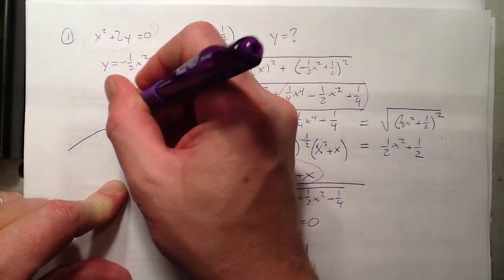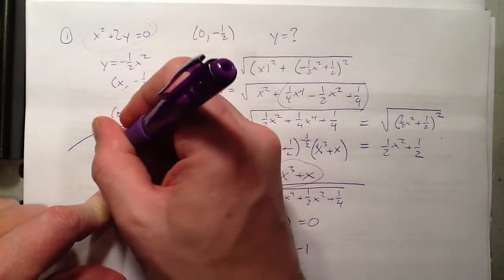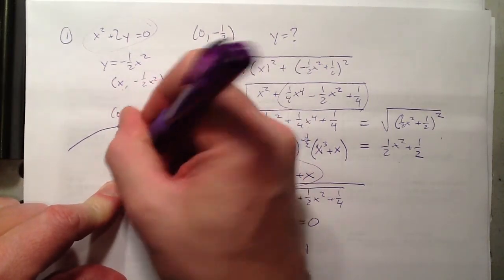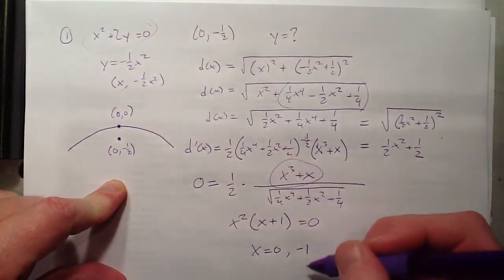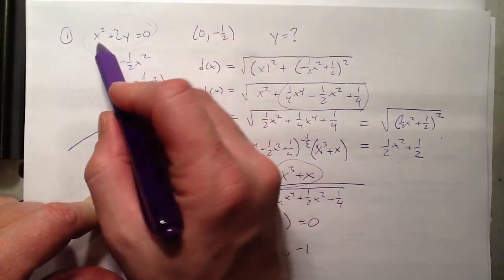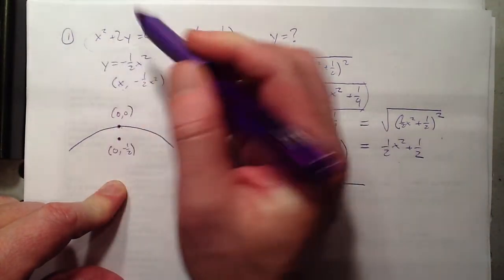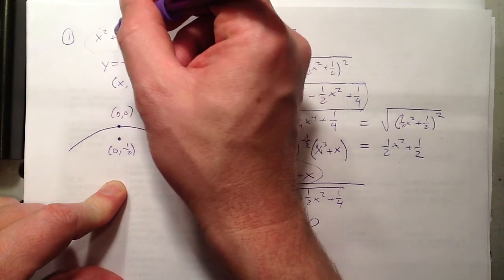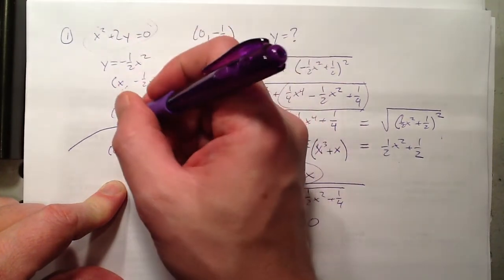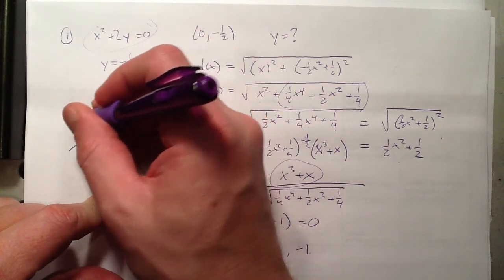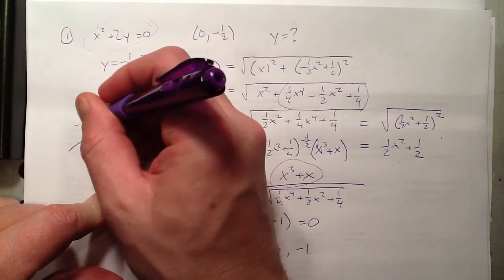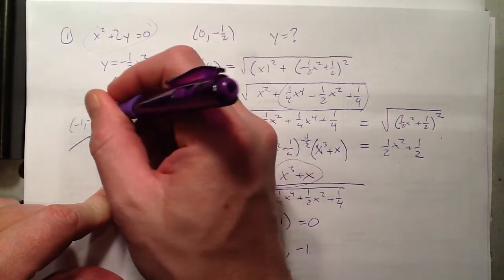This is the point 0, 0, right? This is 0, negative 1/2. And then what would you get if you plugged negative 1 in for the x? You'd get 1 plus y would have to be negative 1/2. So that'd be negative 1, comma, negative 1/2.